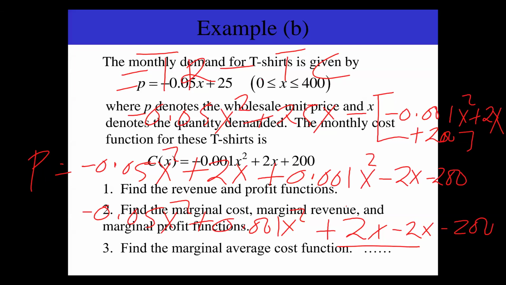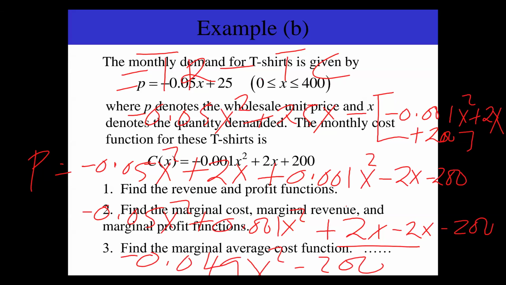So it's negative 0.049x squared minus 200 as the profit function, right? Yes. This is your profit function.